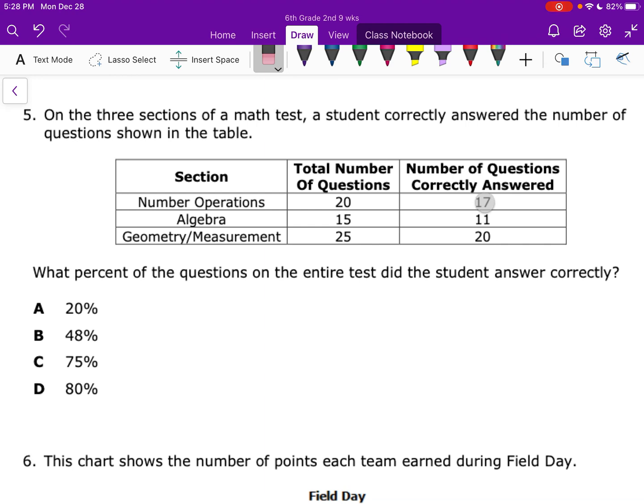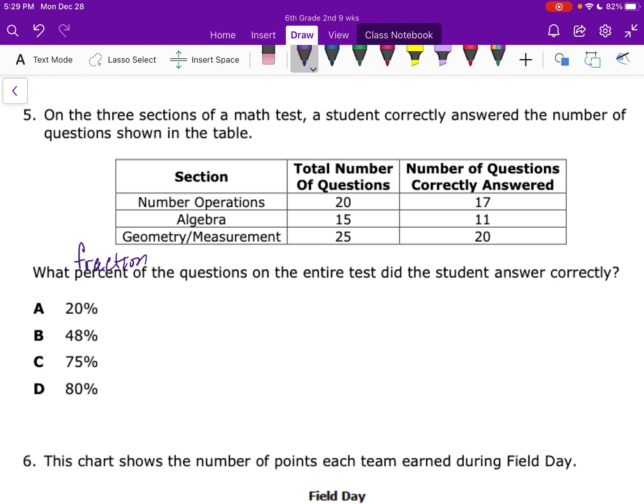And then she got 17 correct for number and operations, 11 for algebra, and 20 right for geometry. What percent of the questions on the entire test did the student answer correctly? Okay, so we're changing percent to what? That's right, to fraction.